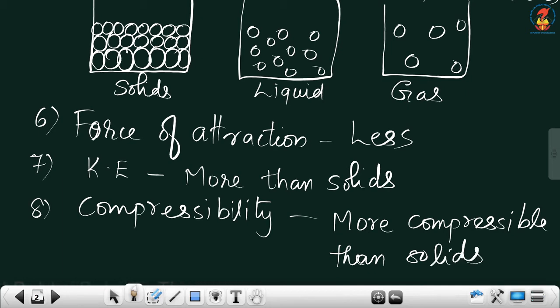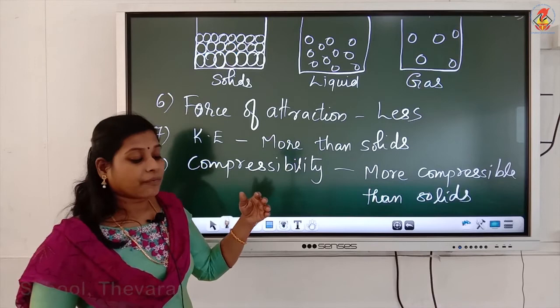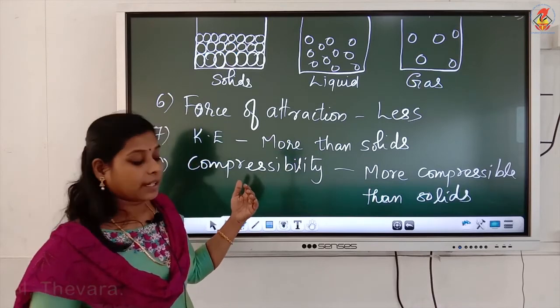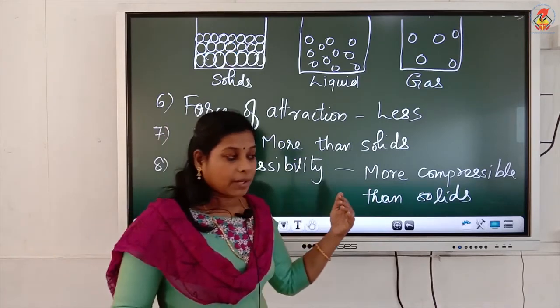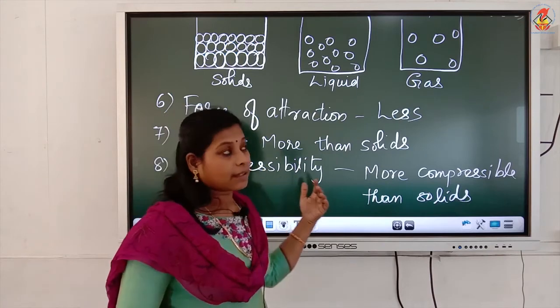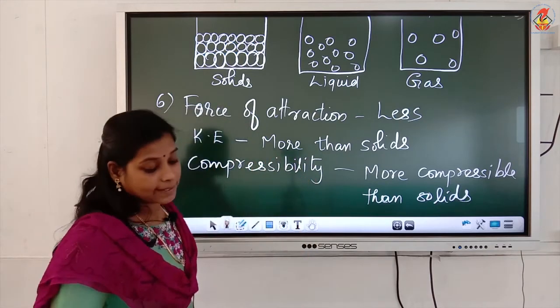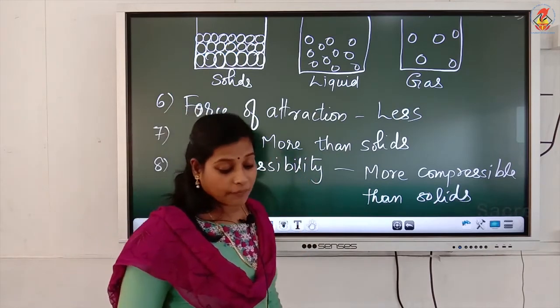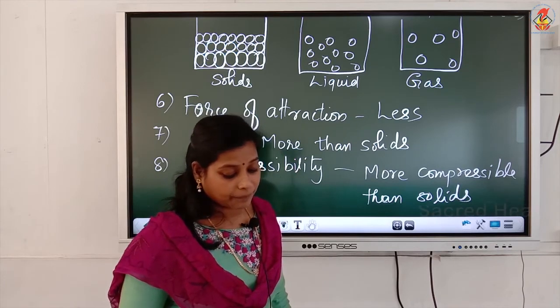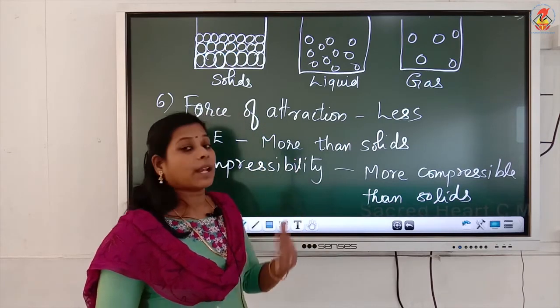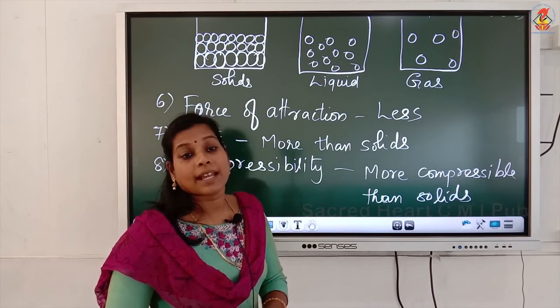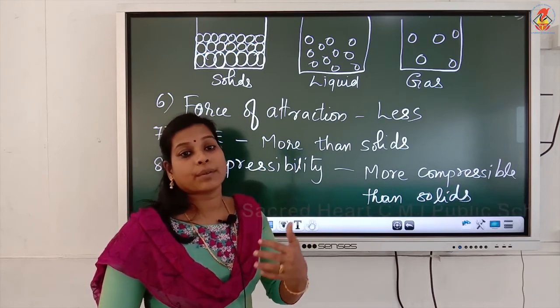So, these are the different characteristics of the liquid state. And one more point is the density of these liquids. Liquids are less dense compared to the solids.